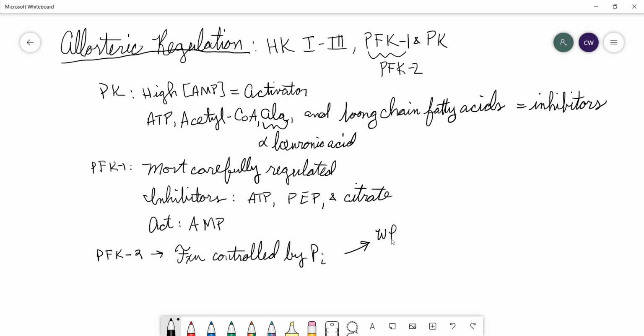When it is phosphorylated, PFK2 functions as a phosphatase.